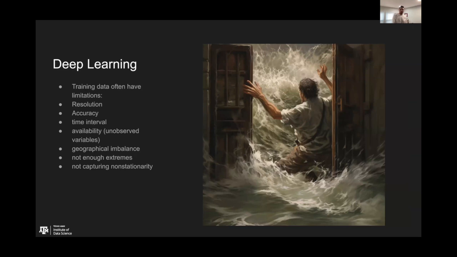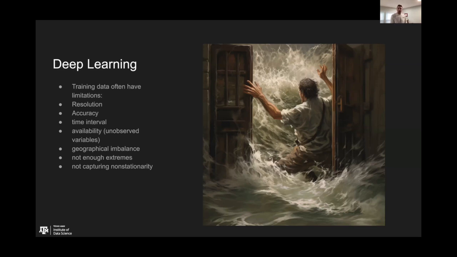In terms of geographical imbalances, there are not many predictions in the Great Plains or, say, Wyoming versus New Jersey and the Northeast, where there are tons of streamflow gauges or just predictions in general. In terms of extremes, deep learning can only predict what it's seen.